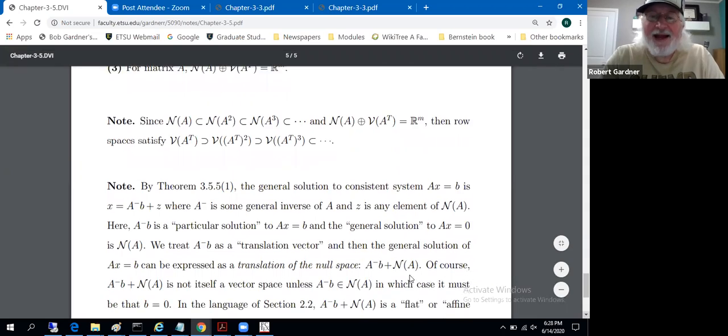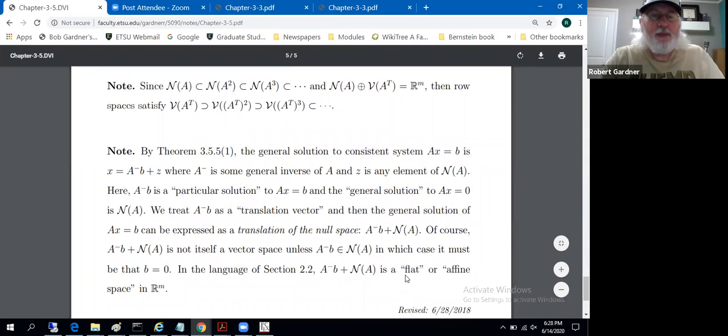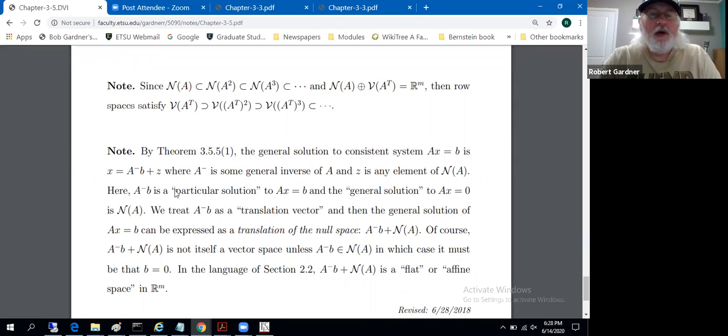So I want to mention a little bit about flats, because that was something geometric. In 3.5, the general solution can be expressed in the form x equals a particular solution, generalized inverse of A times B, plus z, where z was any element of the null space.